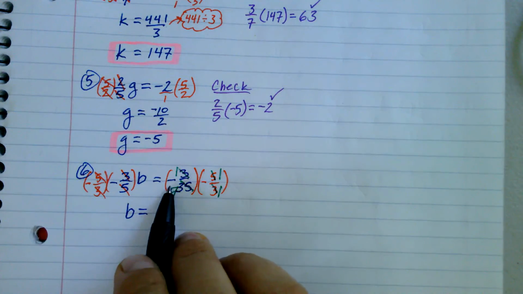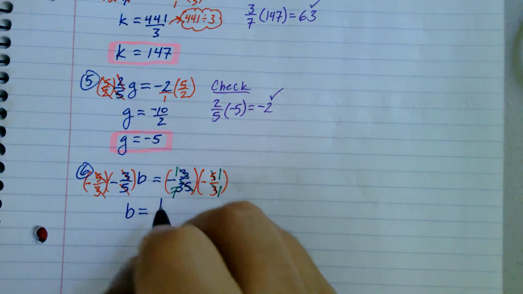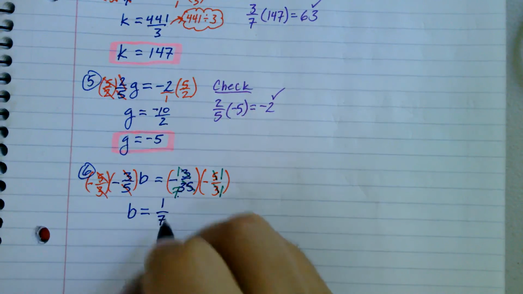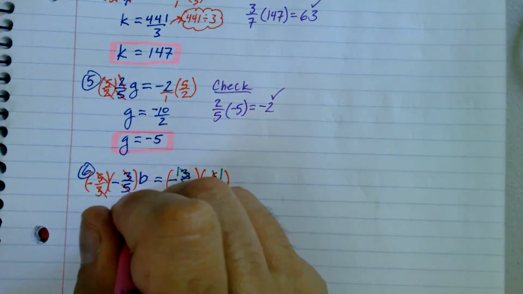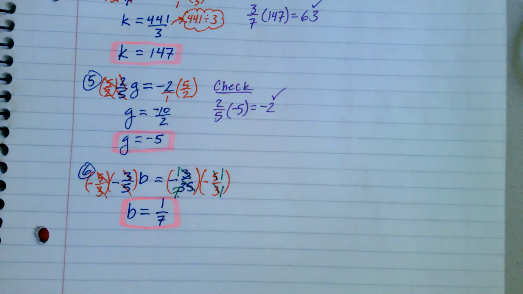And I get negative times a negative, positive. 1 times 1 is 1. 7 times 1 is 7. I get a final answer of 1/7. Okay. So I believe the answer is 1/7. Okay.